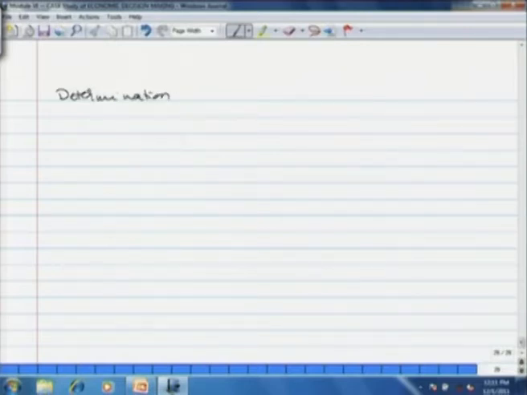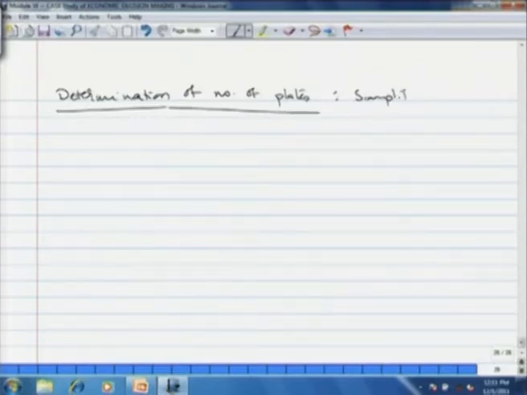Now, let us try to determine the number of plates of the absorber with Kremser's equation. Our attempt will be to simplify the calculation. Can we simplify Kremser's equation so that we can very quickly get an estimate of the number of plates required for a particular recovery?